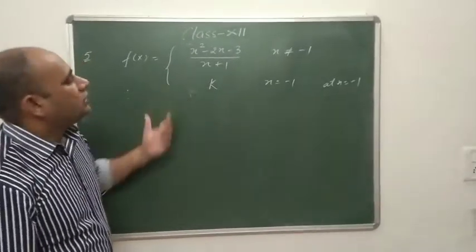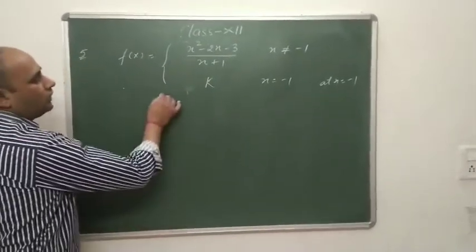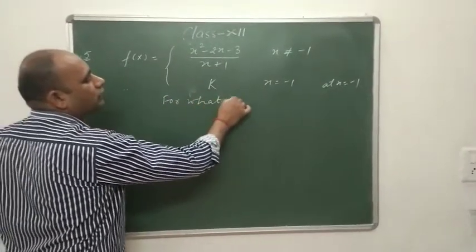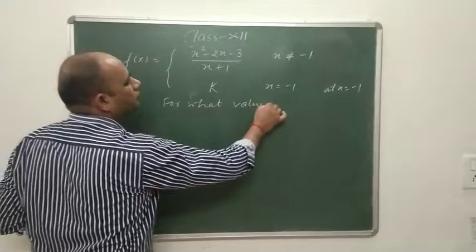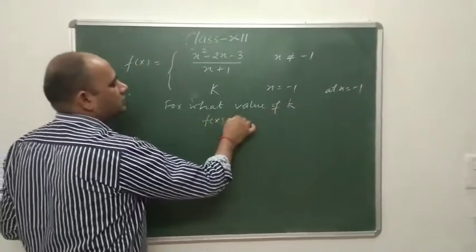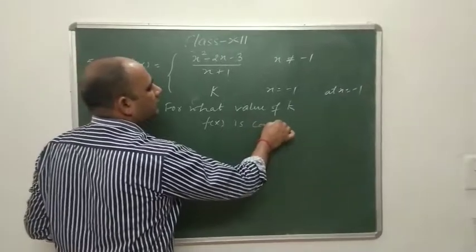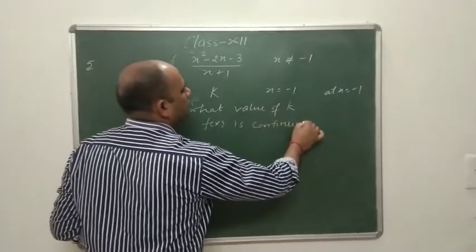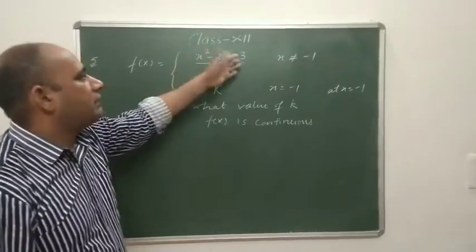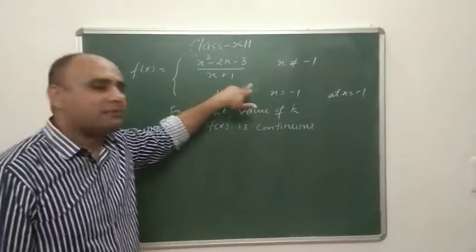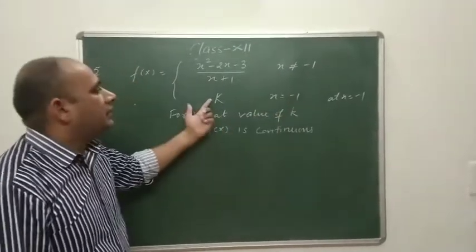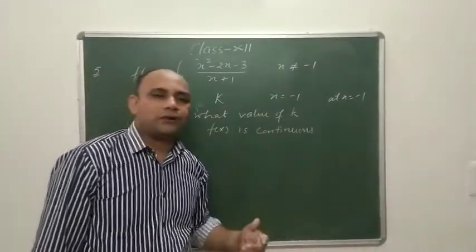Now our question is, for what value of k is f(x) continuous. The question is, if f(x) is (x square minus 2x minus 3) upon (x plus 1) when x is not equal to minus 1, and k when x is equal to minus 1.